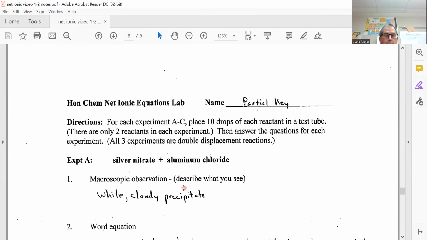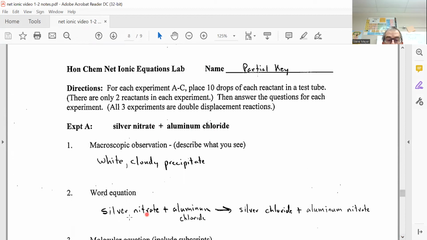All right, let's do the word equation for this. Silver nitrate is a positive and negative ion floating around, and aluminum chloride is a positive and negative ion floating around. The silver could go with the chloride and the aluminum could go with the nitrate. So we're going to switch places and combine positives and negatives, giving us silver chloride plus aluminum nitrate.